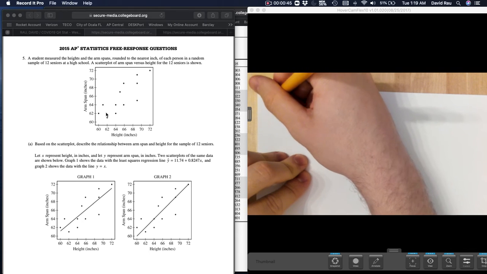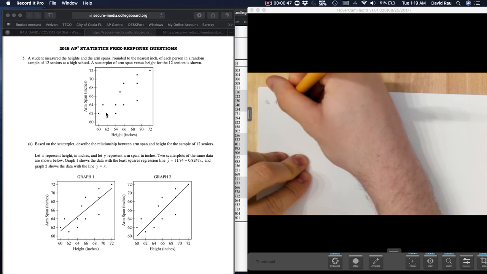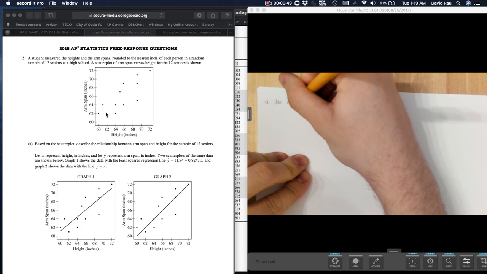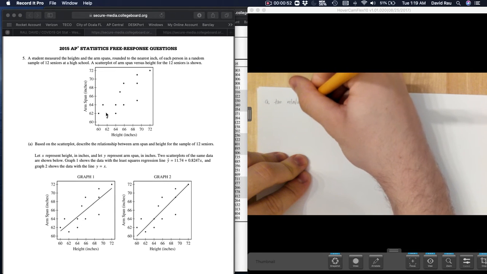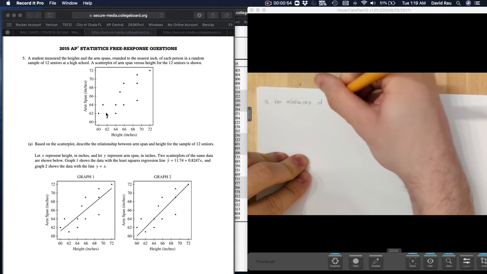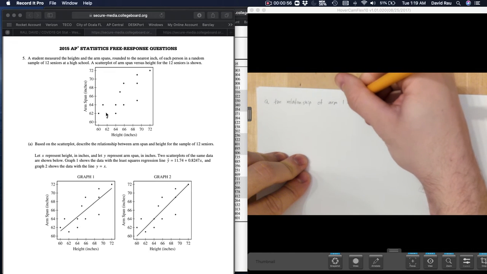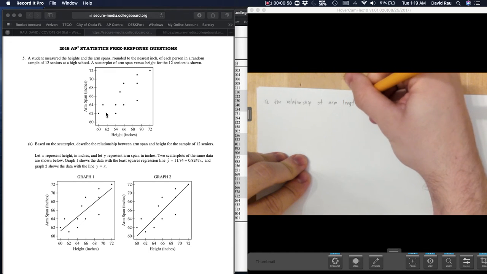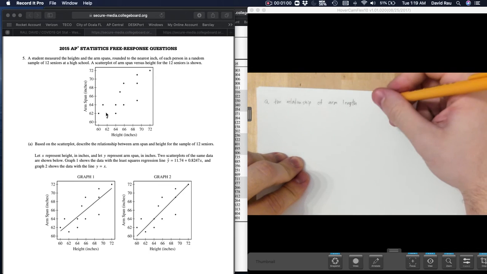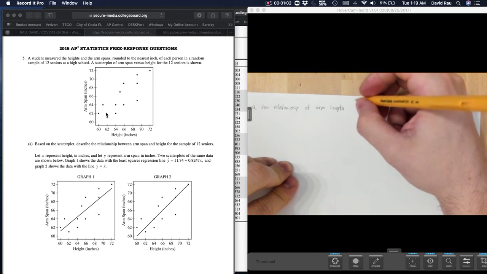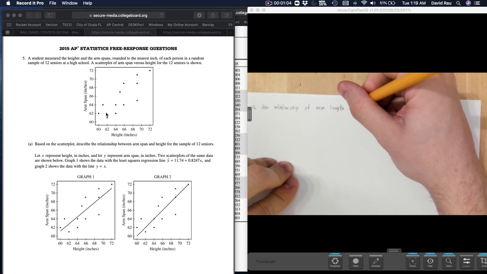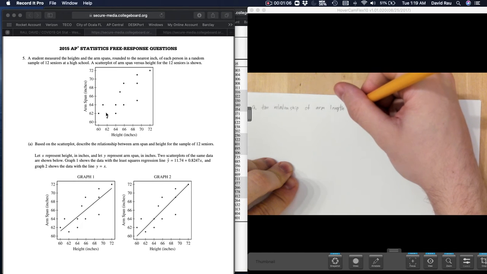So the relationship of arm length and height among the 12 seniors. I'm going to be really descriptive here because one thing you've seen over and over again is context, context, context. I've been lazy and skipped that sometimes, and been kicking myself after I look at it again and see context.